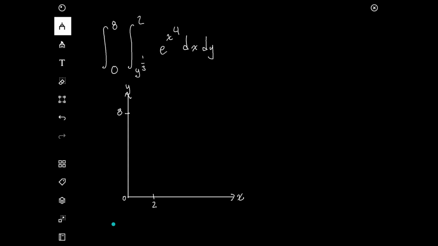So that graph ends up looking a little something like this. Keeps going that way, keeps going this way. All right, let's draw our lines.